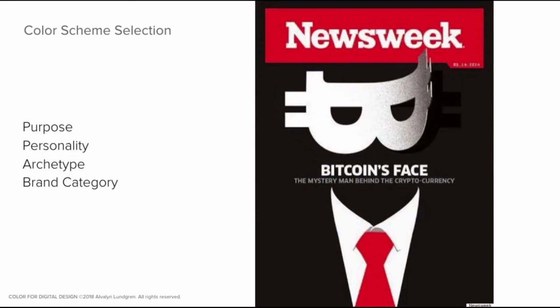This is completely different. This has a darker, more somber, more serious tone to it. It has a different purpose. This is talking about Bitcoin and the dark web and the development of Bitcoin as a disruptive and even subversive currency. And the archetype here is a bandit, a masked person who is hiding their identity.